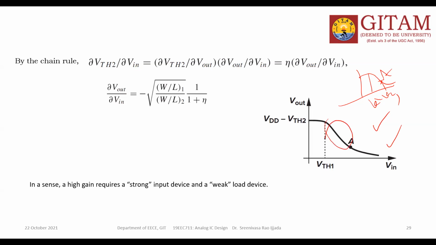This becomes linear. Earlier, this portion was non-linear. Now it is linear. What is the problem?